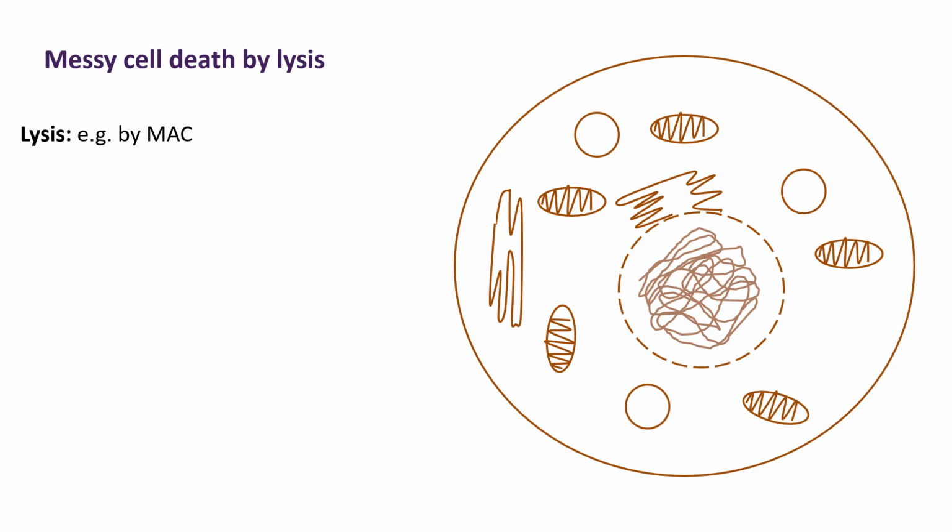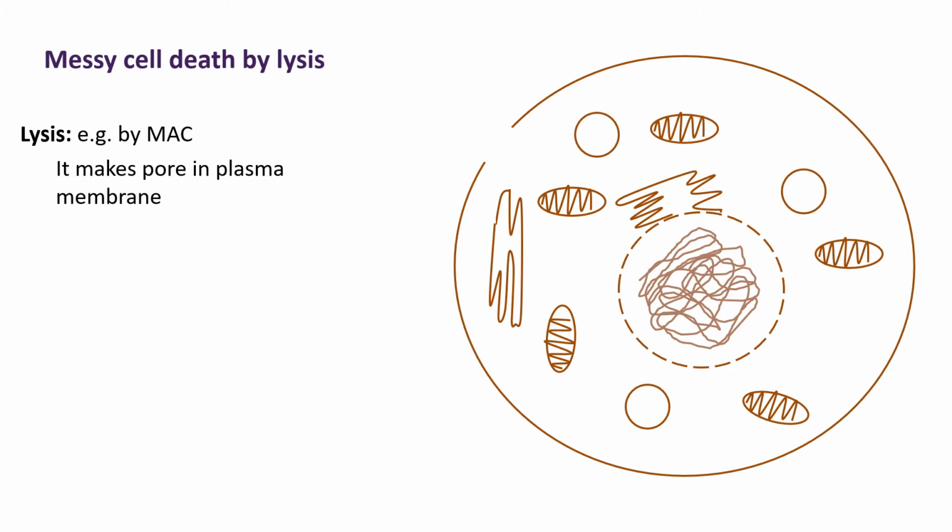But of course, when it bursts, it's going to release all those nasty toxic chemicals in the lysosomes. It's also going to release any pathogens within the cell. So it's not an ideal way to kill a cell. It's a messy cell death, known as lysis or cytolysis.